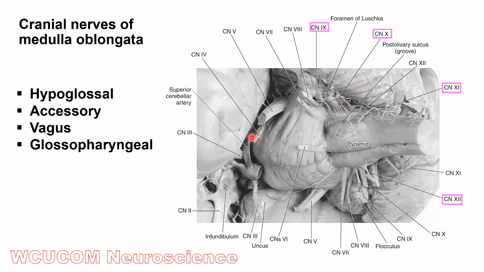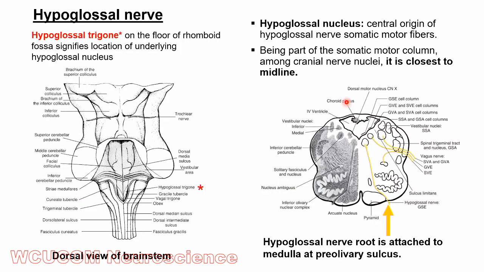Accessory joins them, so it ascends, and then it joins vagus and glossopharyngeal to get out of the skull through the jugular foramen.